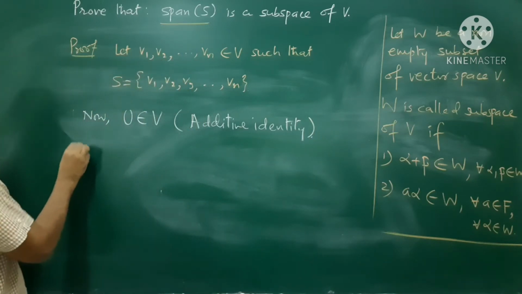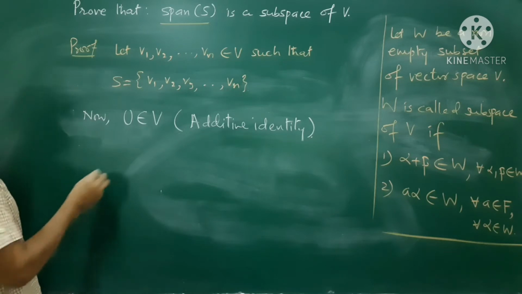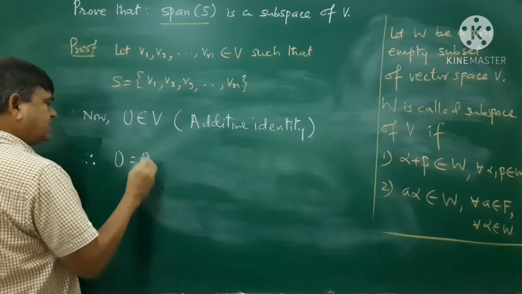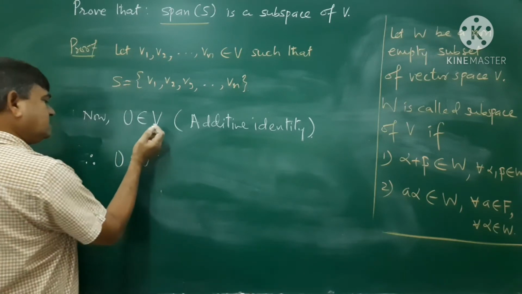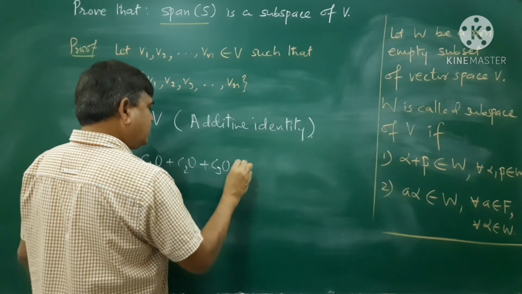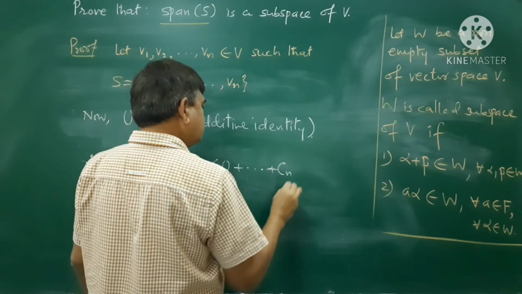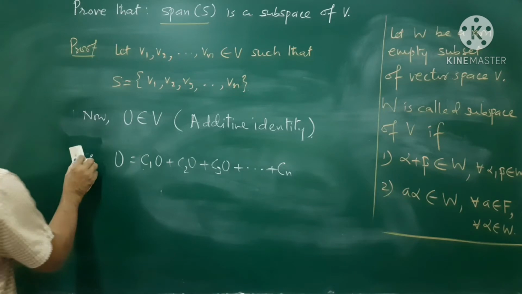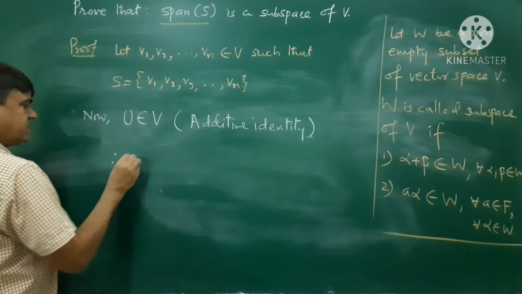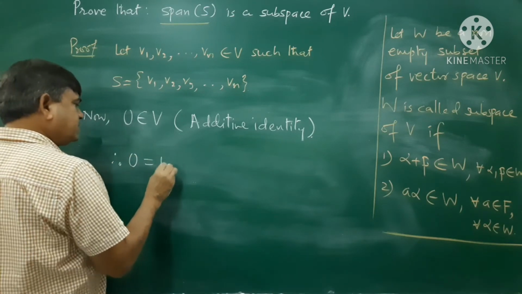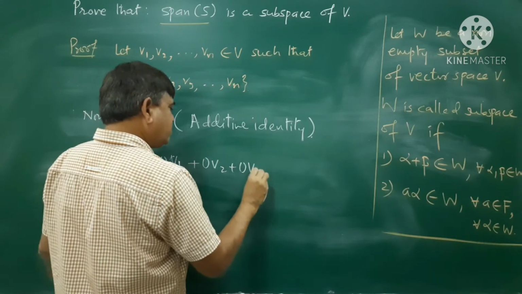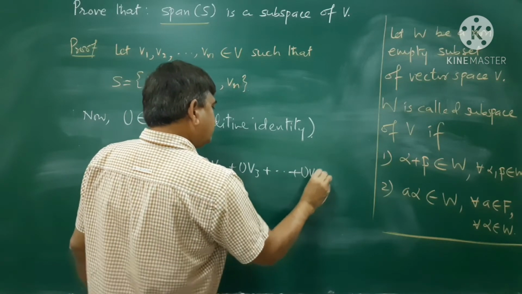Now therefore I write it as C1, C2, C3 up to Cn, where the zero vector is 0 times V1 plus 0 times V2 plus 0 times V3 up to 0 times Vn.